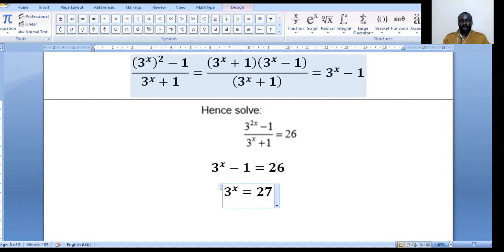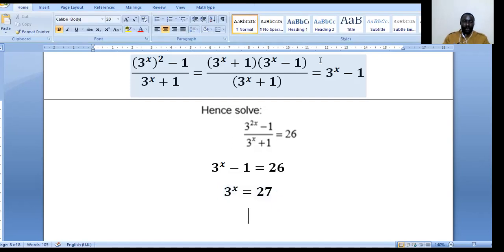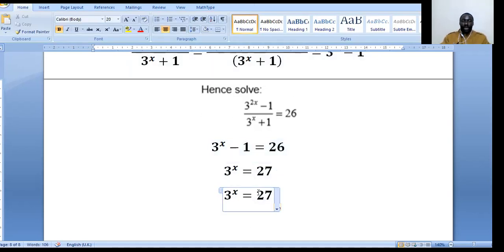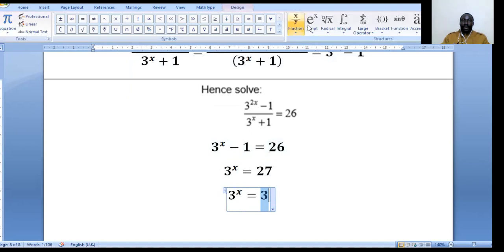What do you know about 27? Well, there is one good news here. The thing we know about 27 is that 27 can be written as 3 exponent 3. You see, 3 exponent 3.